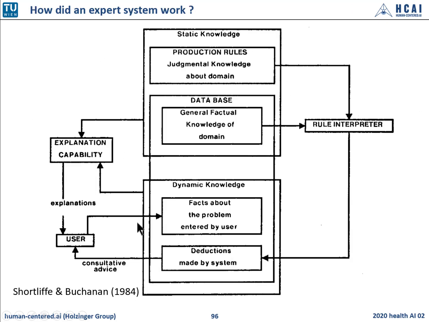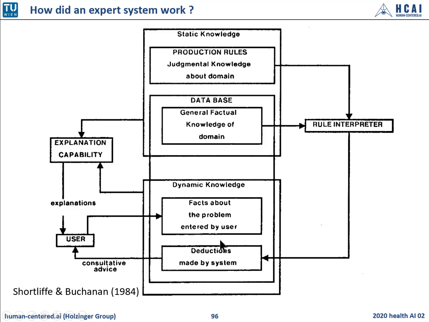So how did an expert system work? This is also an original image from Shortliffe and Buchanan. So you have a database. And so actually this is describing Mycin. You have the database with general factual knowledge, and we will see how this was stored. You have this rule interpreter. Then you have the production rules. This is judgmental knowledge about the domain. This was called static knowledge here. And then you have this dynamic knowledge.